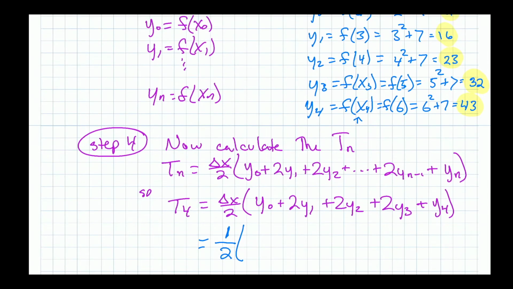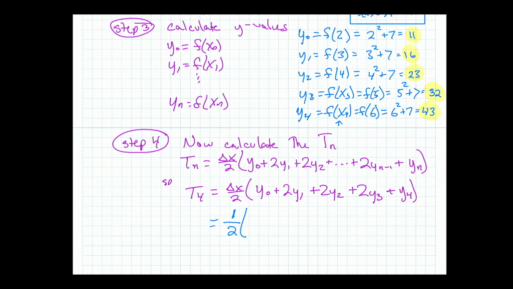So delta x over 2 is a half, and then here we just put in the numbers: 11 plus 2 times 16 plus 2 times 23 plus 2 times 32 plus 43. That's it.